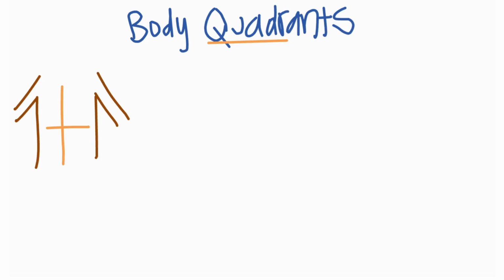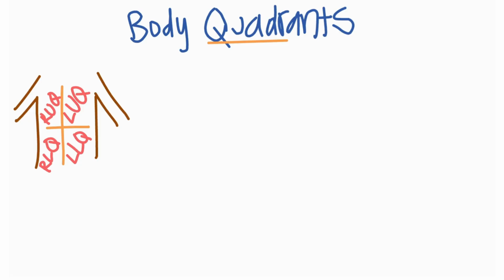So on the right, there's going to be the right upper quadrant, and then there's going to be the right lower quadrant, and then the left upper quadrant, and the left lower quadrant.